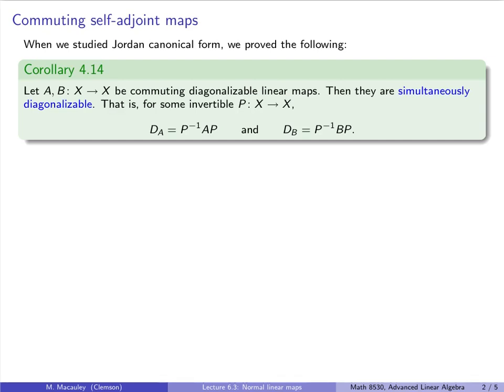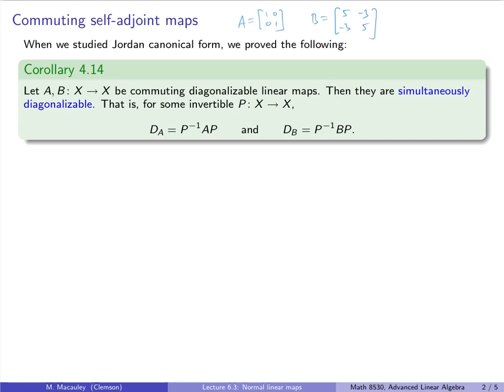Now, it's not saying that any basis of eigenvectors of A will work for B and vice versa, because it need not be the case that an eigenvector of A necessarily is an eigenvector of B. For example, we could have A be the identity matrix, and B be any other diagonalizable matrix, say 5, negative 3, here's one we've done before.